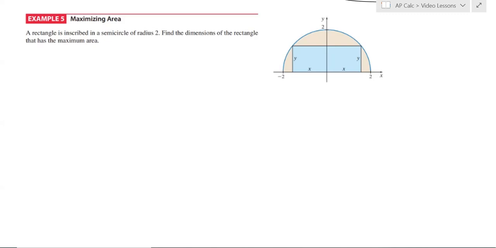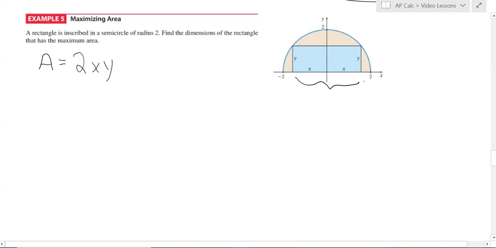So if you can see by the picture here that the area of the rectangle is equal to 2x times y, because the width of the rectangle is twice the x value and the height is the y value. So the equation of a semicircle is the top half of the circle of radius 2. So that would be x squared plus y squared equals 2 squared or 4.